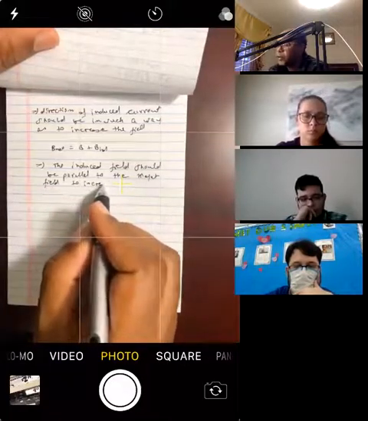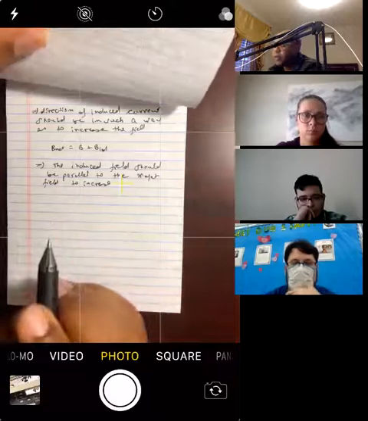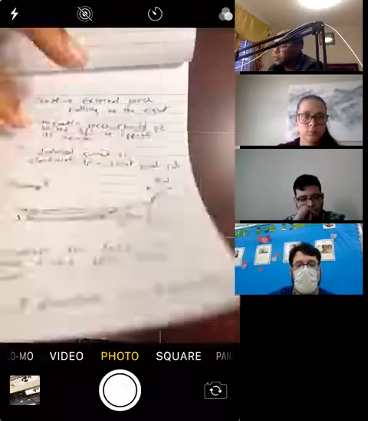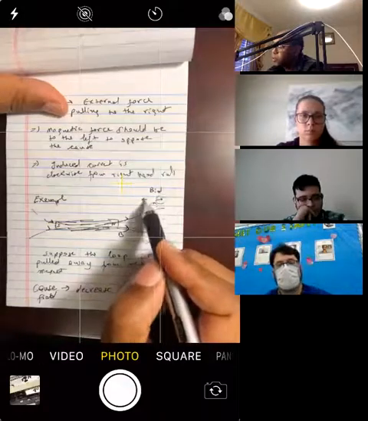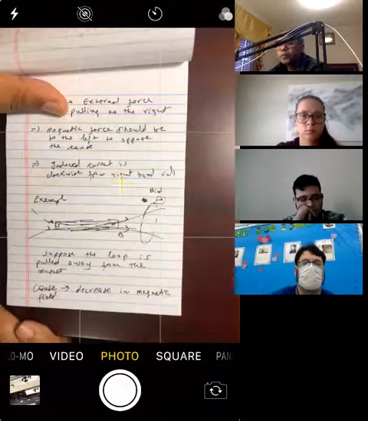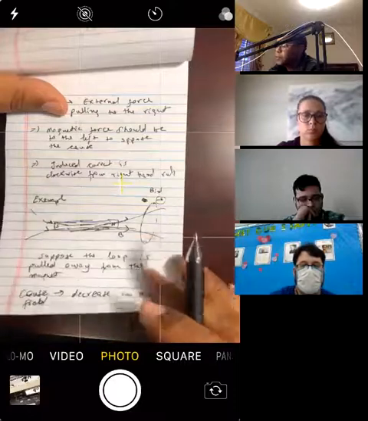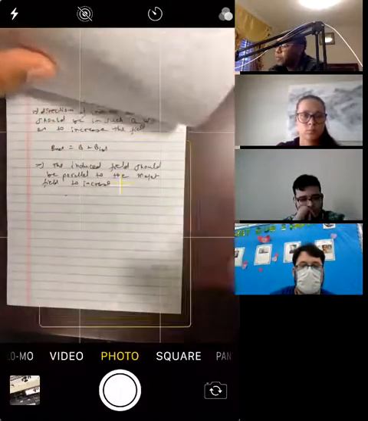Because the cause is a decrease, it has to increase it. So that means this is to the right. So the induced field has to also be to the right to increase it. So that tells you it has to be to the right.